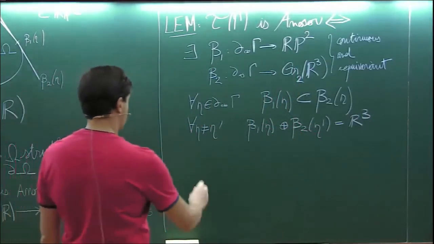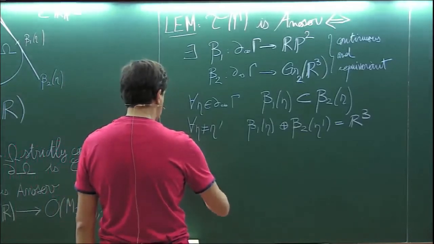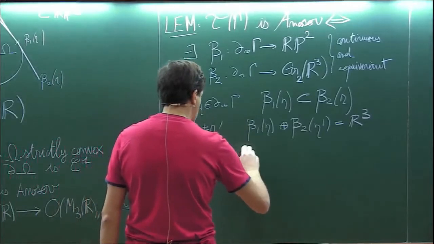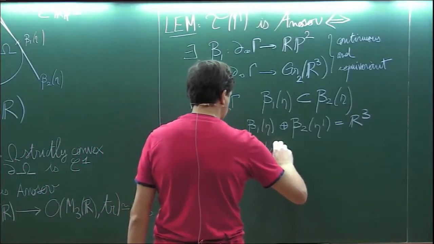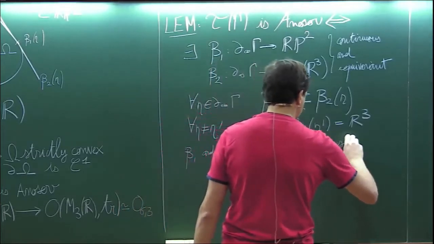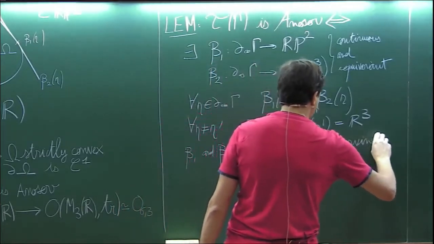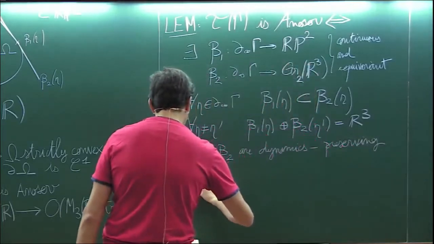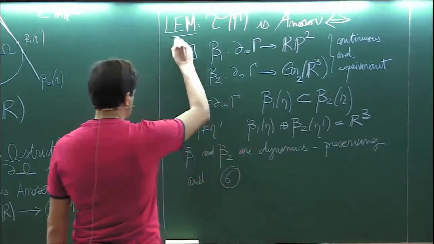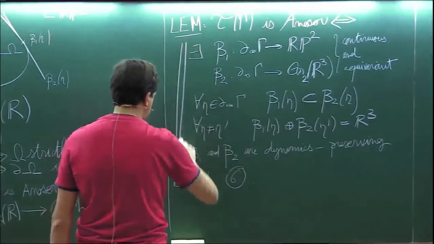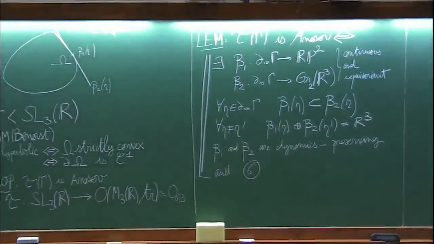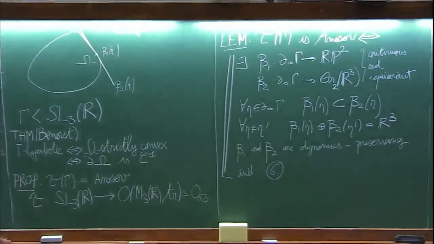So we request also that beta 1 and beta 2 are dynamics preserving. And finally, a growth condition on the eigenvalues, that was property number 6, that mu1 minus mu2 goes to infinity when gamma goes to infinity in the group.